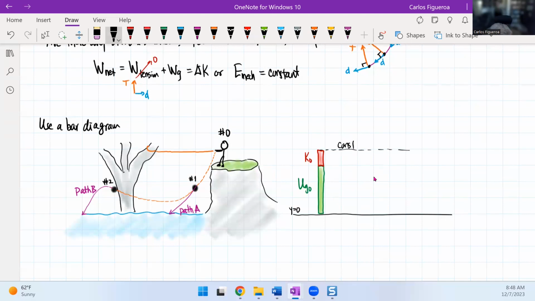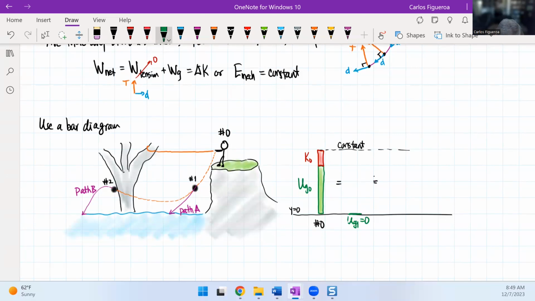This is my constant. All of the energies have to readjust themselves in order to keep conservation of energy fixed. So this is state equal to 0. Now look at path A. When they reach the bottom, the gravitational potential energy at point 1 is 0.